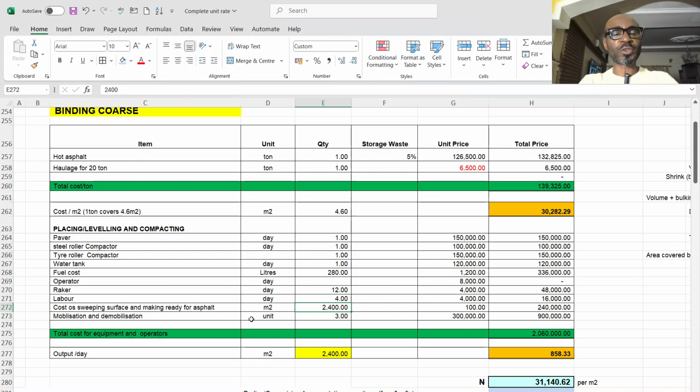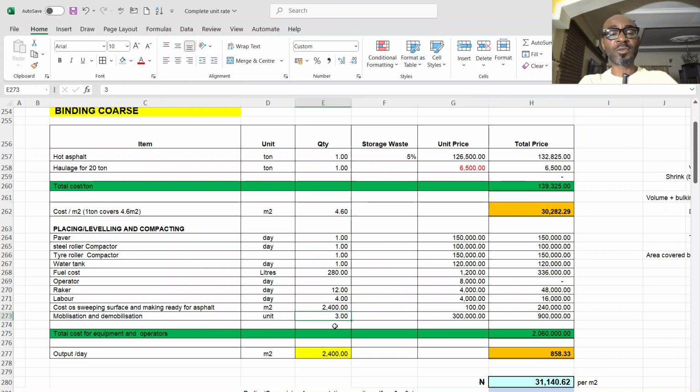So the cost of cleaning the sharp sand, say the coverage for the total area that the paver is going to lay per day is 202,400 square meters. And the cost for cleaning, sweeping the sharp sand on the MC1 is 100 naira per square meter. So you will now have the 240,000 for the cleaning.